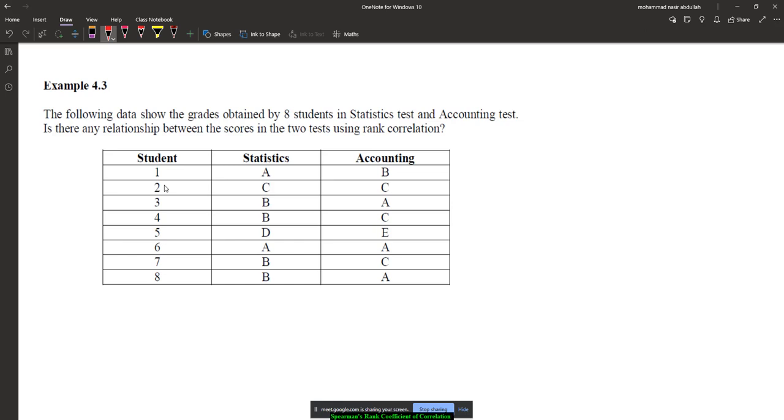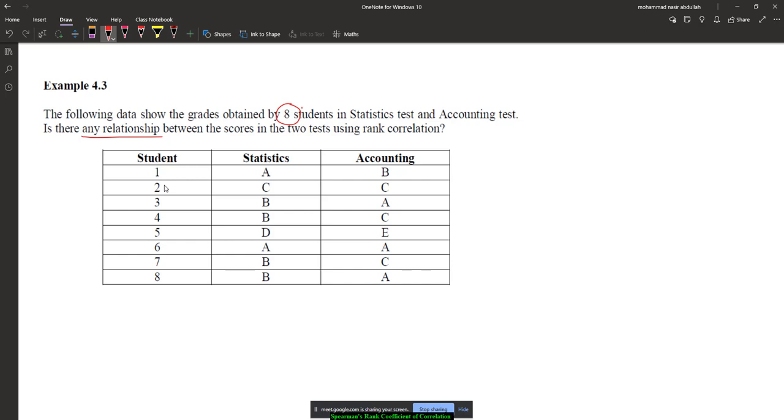So it's actually the same example, but I just converted it to a grade scale. So we have 8 students in a statistics test and an accounting test. So we want to know, is there any relationship between the scores?